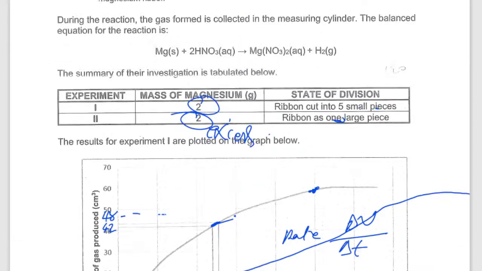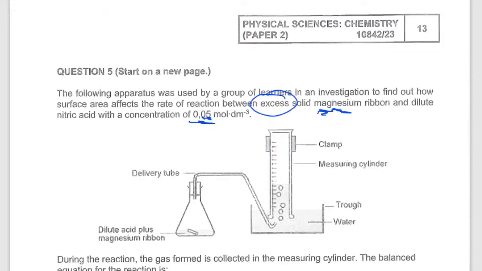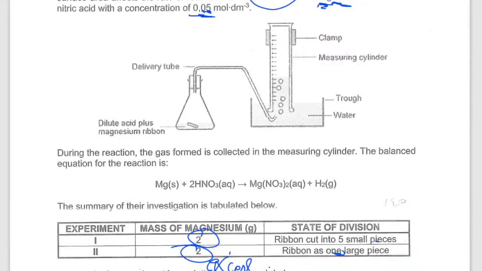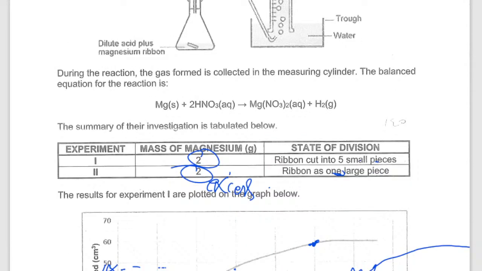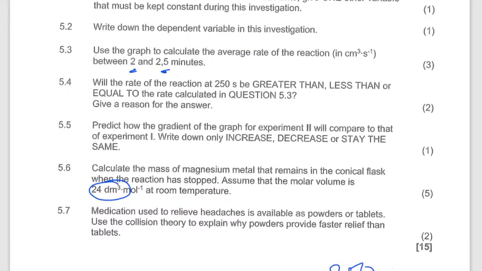They said it here. Yeah, they say that in the following experiment you find out the surface area of magnesium diluted in nitric acid. And then they come here, they say, calculate the mass of magnesium.